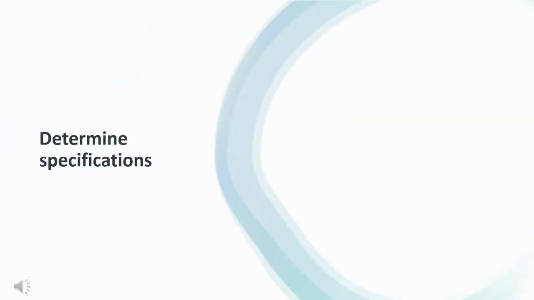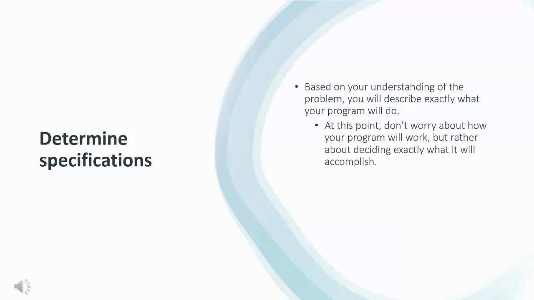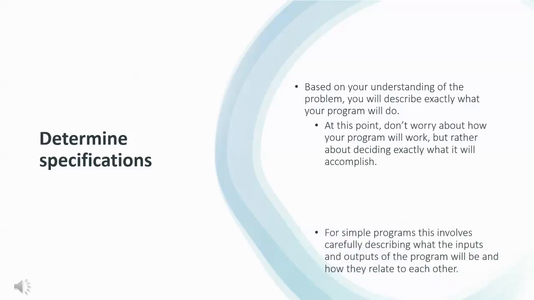Then determine specifications. Based on your understanding of the problem, you will describe exactly what your program will do. At this point, don't worry about how your program will work, but rather about deciding exactly what it will accomplish.